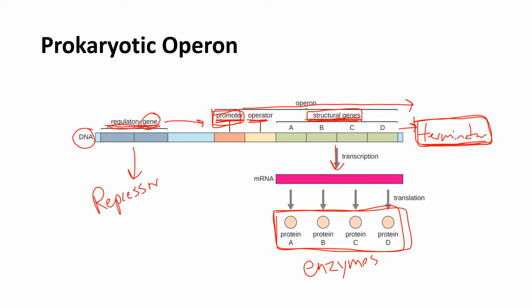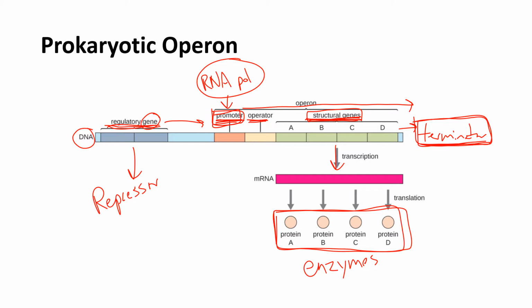Once it gets to the terminator, it stops transcription. So the sequence between a promoter and terminator encompasses the genes, and that is where you find the structural genes. The promoter is the regulatory sequence where the RNA polymerase, Pol for short, will bind.